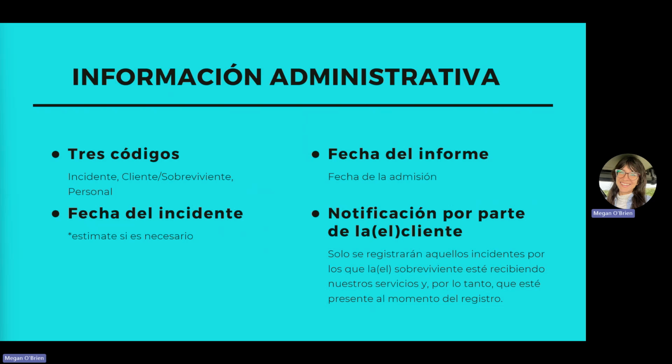You have the report by client, and this is really just ensuring and marking that the incident was recorded when the survivor was receiving the service and therefore present at the time of the report. So we're recording that in the administrative information section.